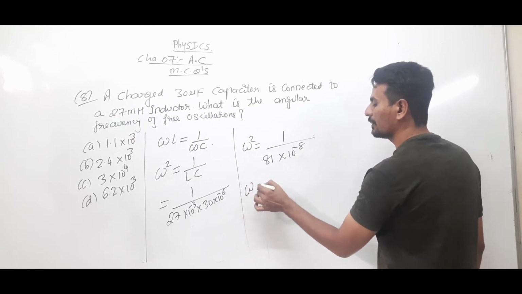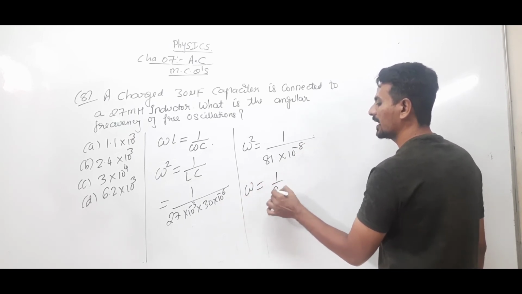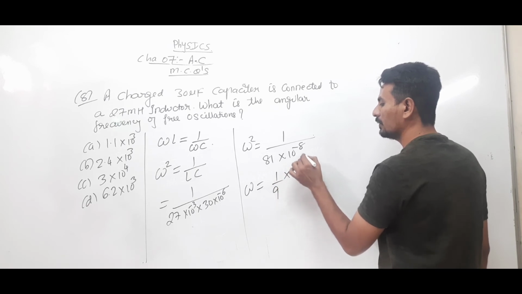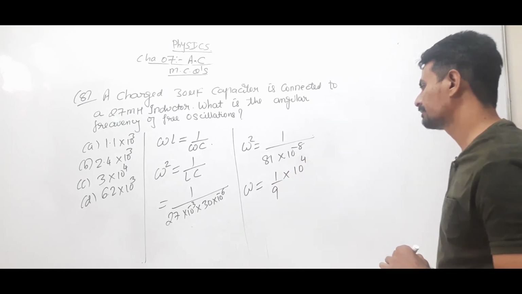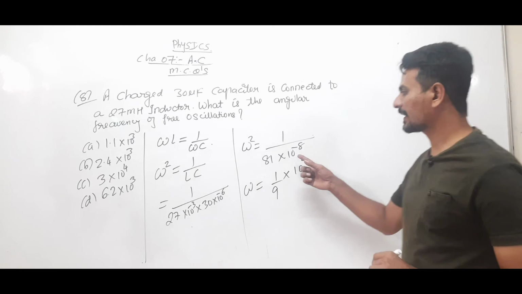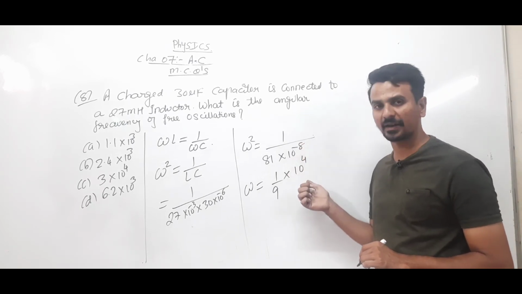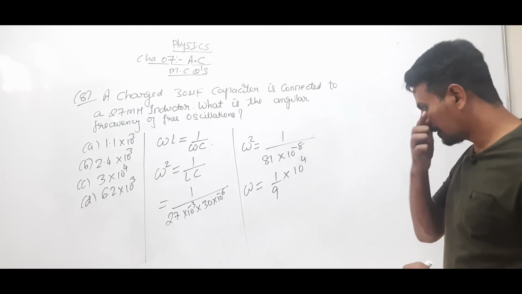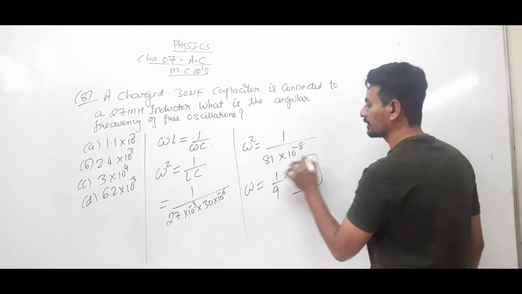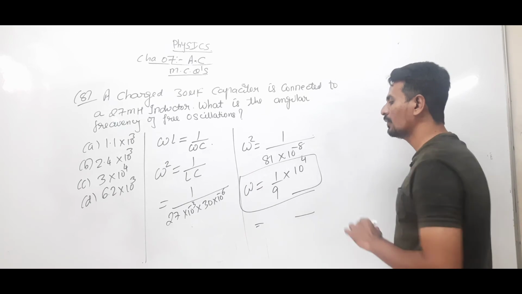Okay. So omega will be 1 by 9 into 10 raised to 4. Root of 10 raised to minus 8 will be 10 raised to minus 4. It comes in the numerator, so it will be 10 raised to plus 4, and 1 by 81 will be 1 by 9. So this is what omega is.